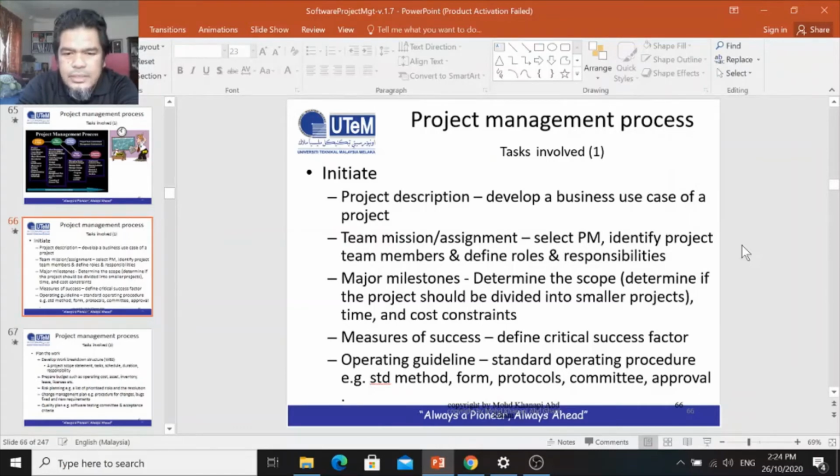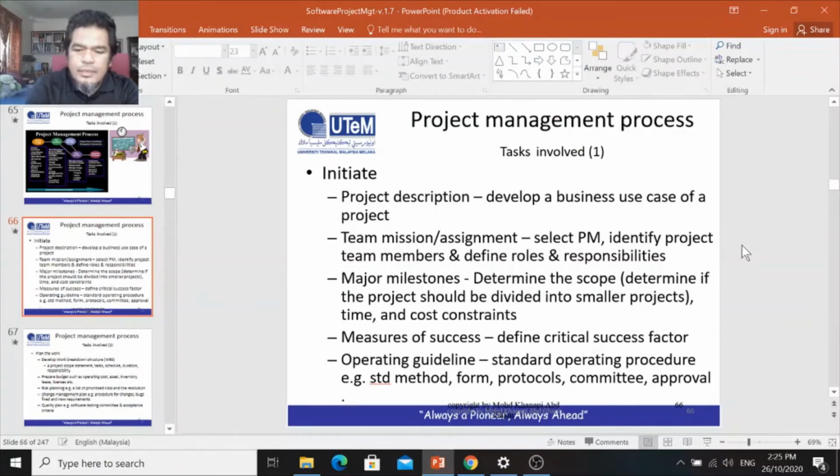This is a very important guideline to make sure that people know what to do, rather than just doing everything according to their own understanding. With no formality and no standard procedure, it becomes difficult to manage the project. So in the initiation task, these are the five things that you need to prepare.